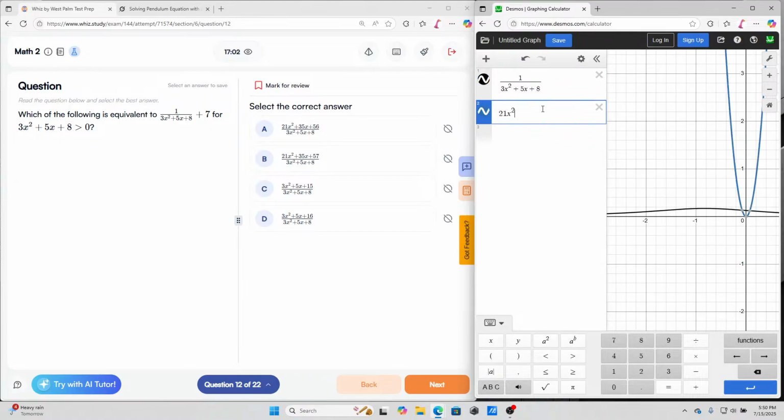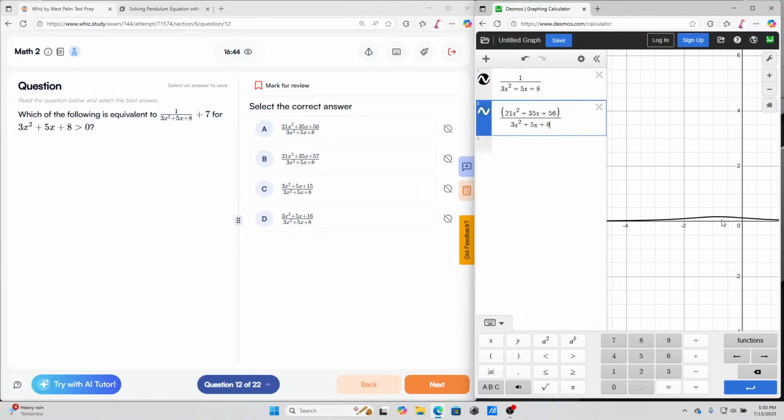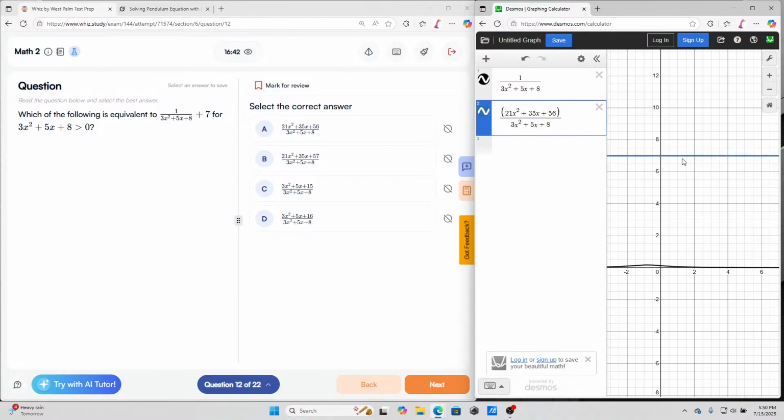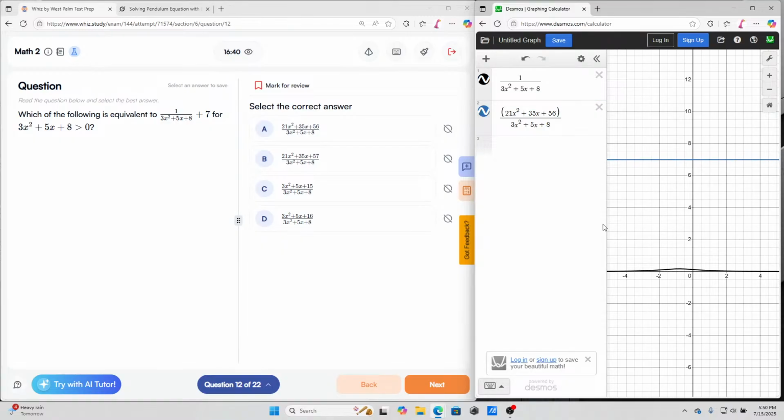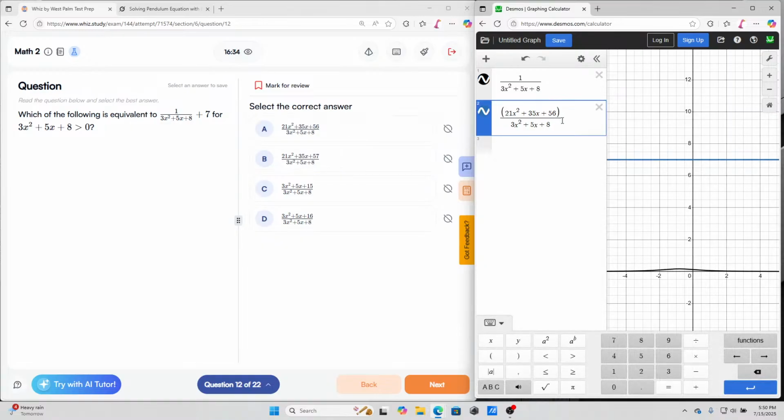X squared plus 5x plus 8. Is that the same? No, it's higher. So it's a 56.